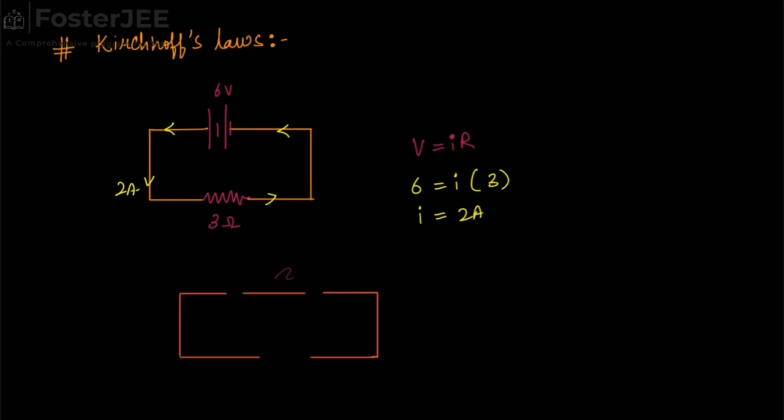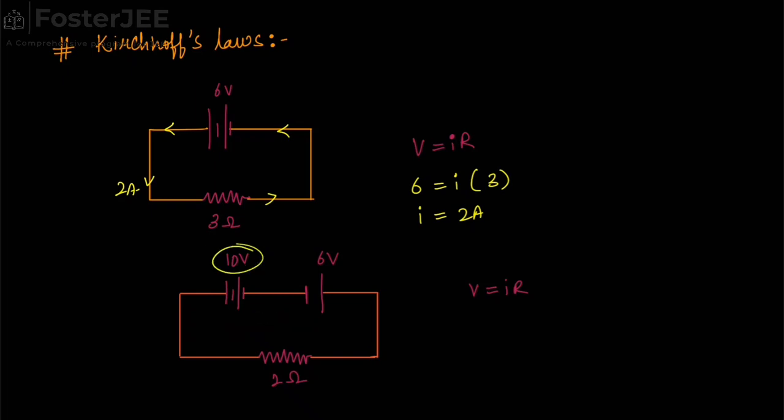Moreover, in circuits like this, in which we have multiple batteries, first is like this and the second is like this, and we have a resistor, suppose the resistance is 2 ohm and this battery is 10 volts and this battery is 6 volts. Here we use V equals IR, and since V is the net voltage or net EMF, the net EMF of these two can be replaced by higher minus lower.